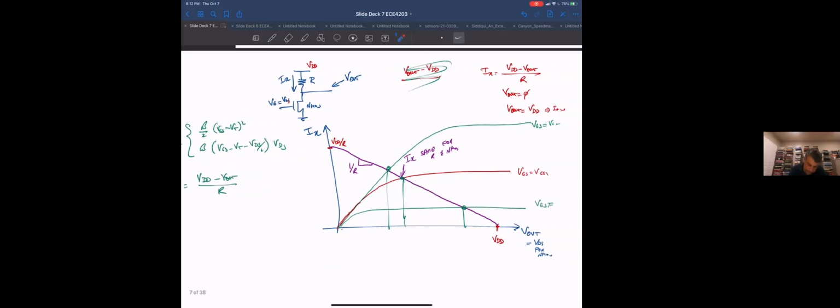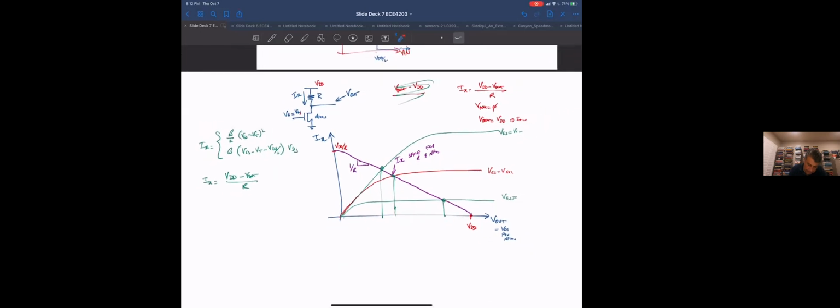So this is doing exactly the same thing, except it's a graphical representation. It's really a numerical technique, whether you're doing it this way or this way.